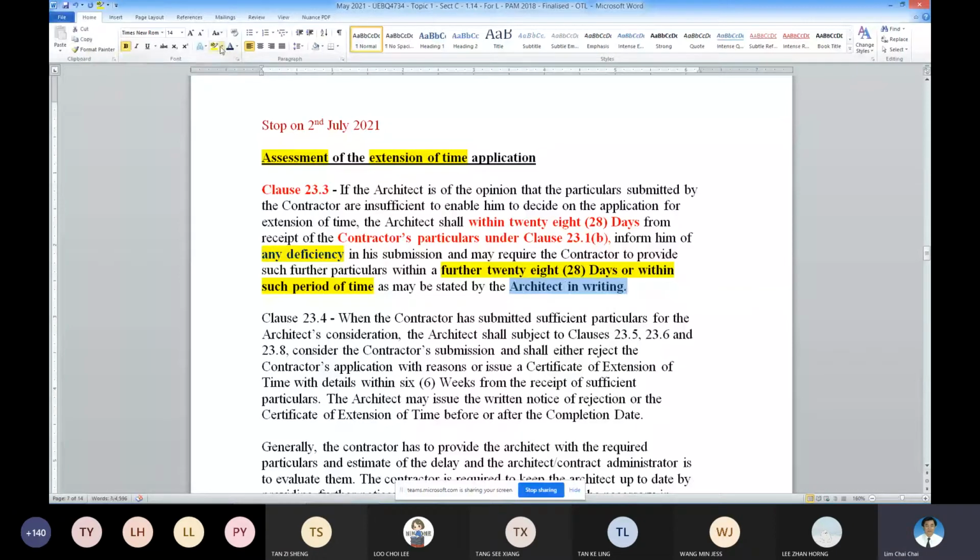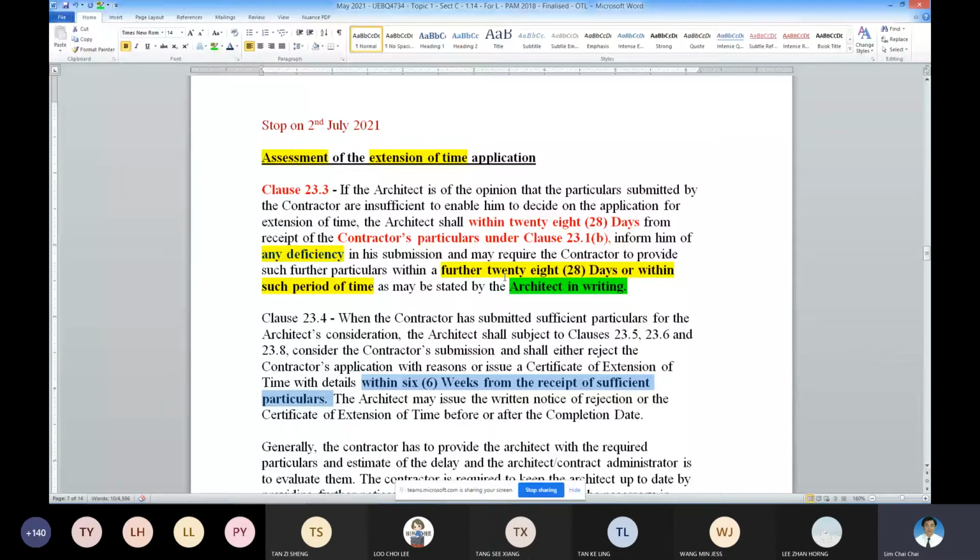So once everything is complied with, the architect, not the QS, will have within 6 weeks after receiving all the particulars. That is either there is no further information, or if there is further information, the contractor needs to give it to the architect within 20 days.